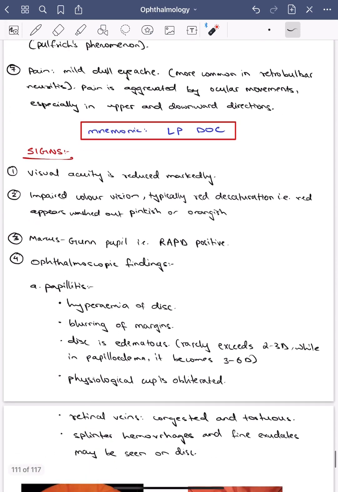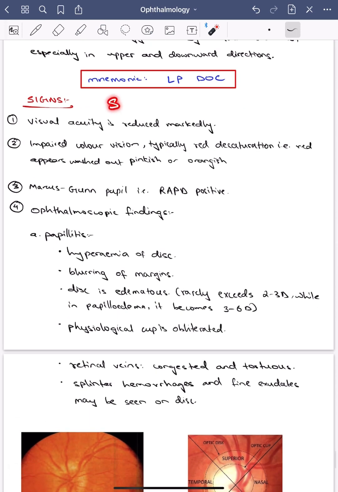Then we discussed the signs. Remember the mnemonic: SHOVE EBF, shove your best friend. S for central scotoma, which is the most common visual field defect seen in optic neuritis. H for hyperemia of the disc. O for obliteration of the physiological cup. V for venous congestion and visually evoked response which shows delay in transmission time. E for edema of the disc. Remember papillitis 2 to 3 diopters and papilledema 3 to 6 diopters, and also presence of exudates, E for exudates.